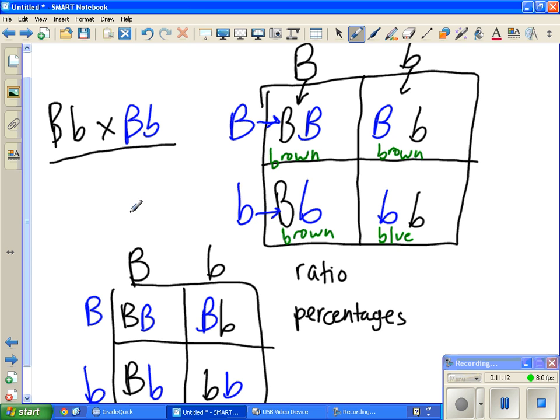So right now, if we wanted to say the genotypic ratio of this cross right here with the two heterozygotes, we would count up how many of each genotype we see.